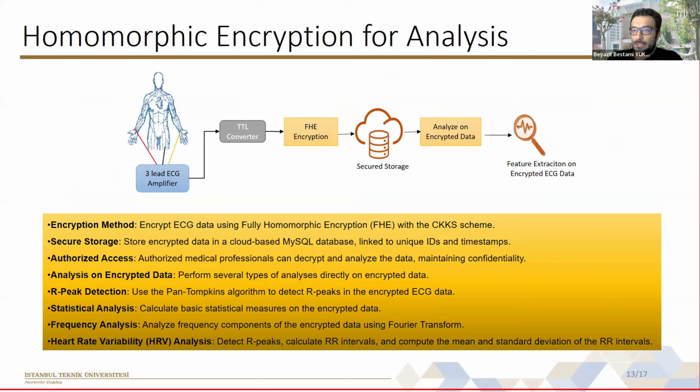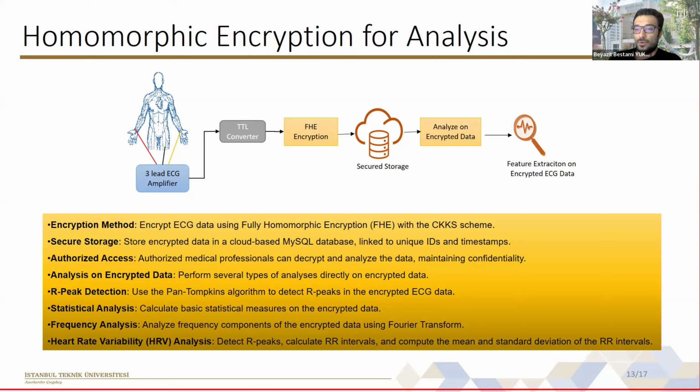And the last function of our system uses fully homomorphic encryption, FHE, to securely store ECG data in the cloud while enabling computations directly on encrypted data. This ensures privacy without compromising analysis capabilities.